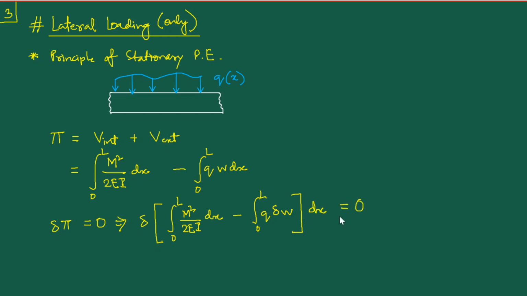The first variation of that entire expression that we had written earlier is equal to 0. So this basically is the first line of our application of the principle of stationary potential energy.